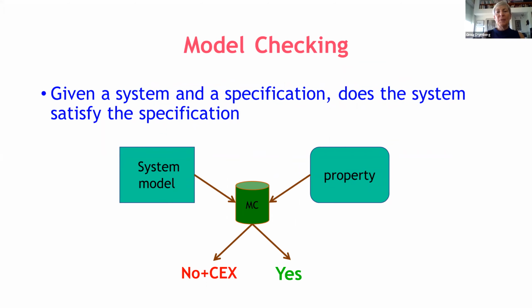Model checking is the building block of formal verification techniques. It is a technique that is given a system model and a specification and determines whether the system satisfies the specification or not. In case the system does not satisfy the specification, model checking often returns a counterexample, which is very useful.